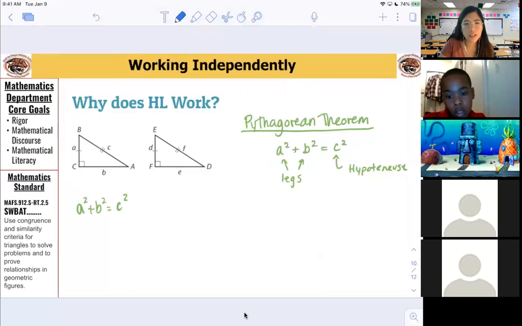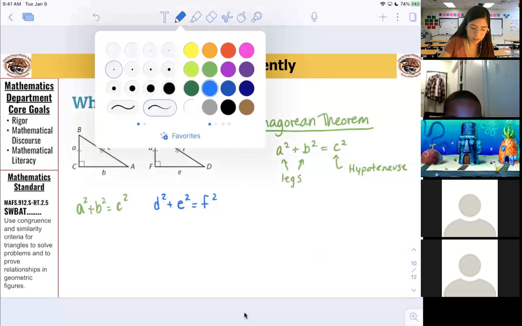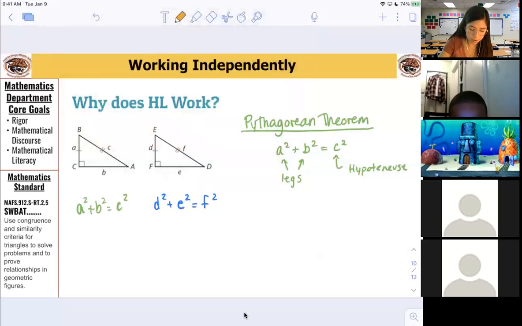Not quite. Which one's the longest side? Look carefully. Oh, D squared plus E squared equals F squared. There you go. Big brain. Okay, good. So far, we know that. Now, looking at the congruence statements in the diagram, which of those sides are equal to each other?